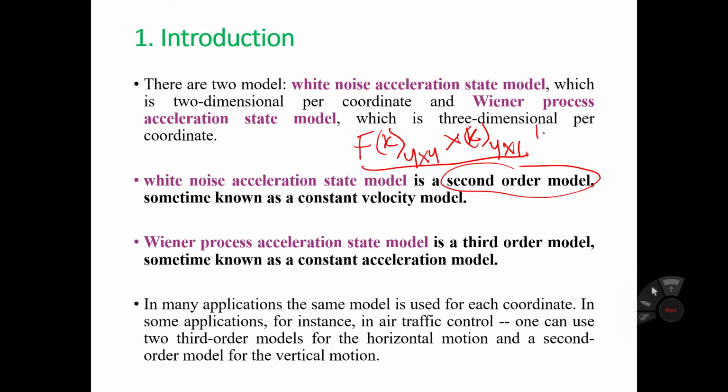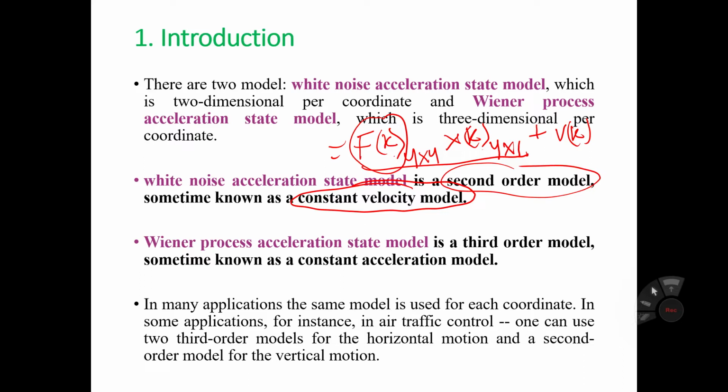If we add the v of k here, then this whole equation is called the white noise acceleration state model. When this state transition matrix is multiplied with the state x of k, it adds the velocity to the state. That's why it's called the constant velocity model. In this case, there is only information of velocity available.